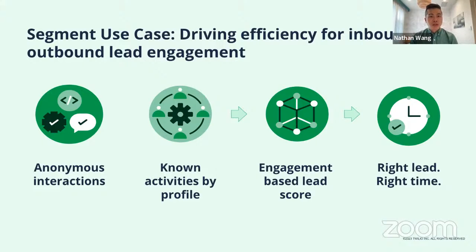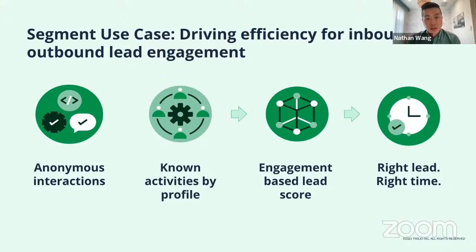If we did not include anonymous activities and only started tracking the customer journey from the point at which they become known to us, we would be losing key information about their engagement with our non-gated content, such as our website, blog, and technical documentation.